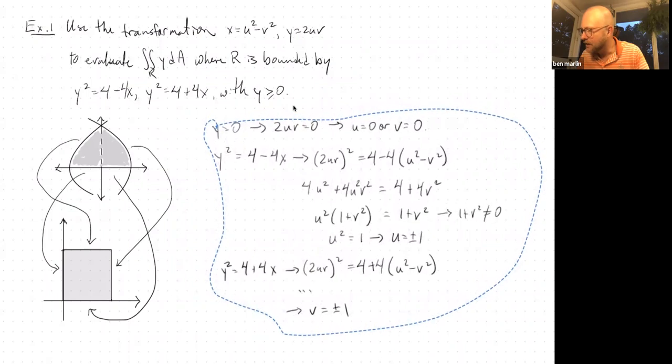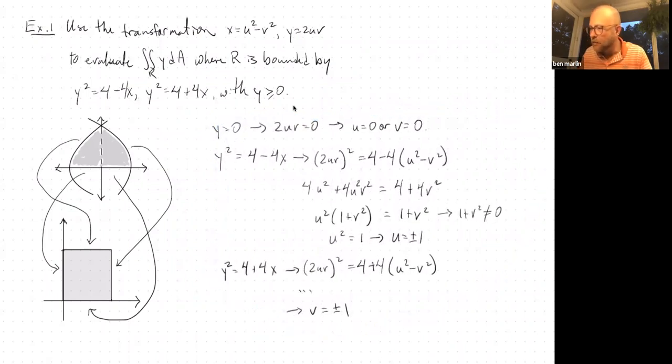But your setup is that we're given our transformation. We're given our transformation here. X has to be u squared minus v squared, and y has to be 2uv, okay? So we're going to use that in order to evaluate this integral here, the integral over the region of y times dA.